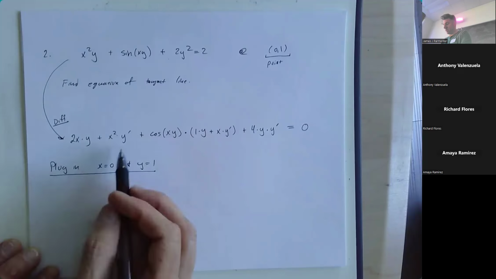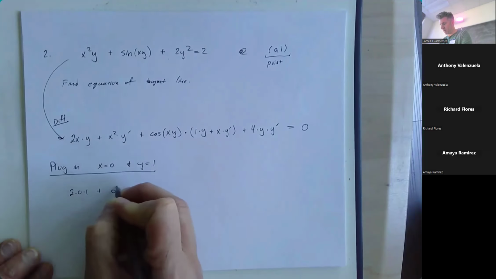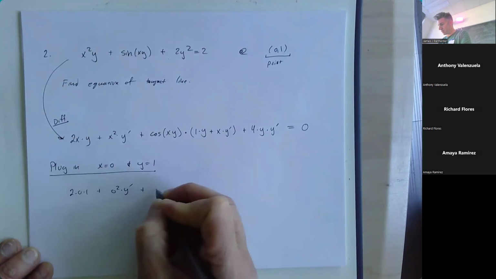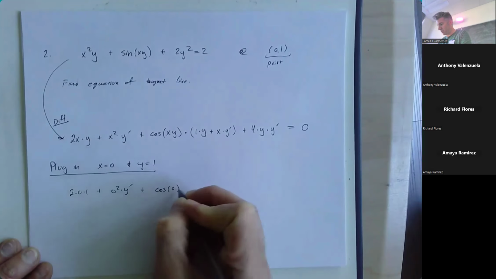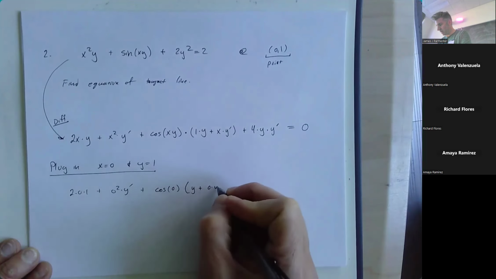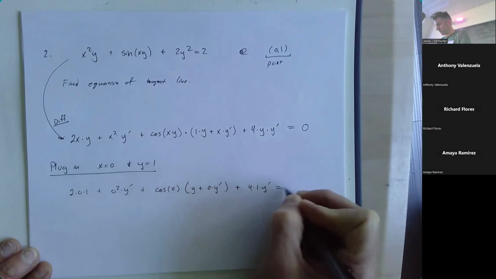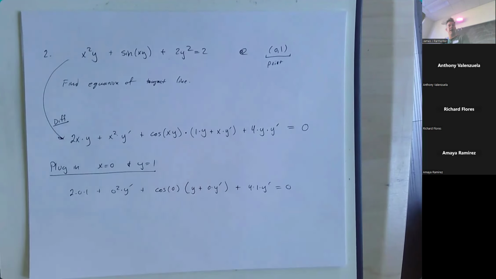So let's see, when I do this, I'm going to get 2 times 0 times 1 plus 0 squared times y prime plus cosine of 0 times y plus 0 times y prime plus 4 times 1 times y prime equal to 0. Be careful here. Not every 0 thing goes away, but most of them do.